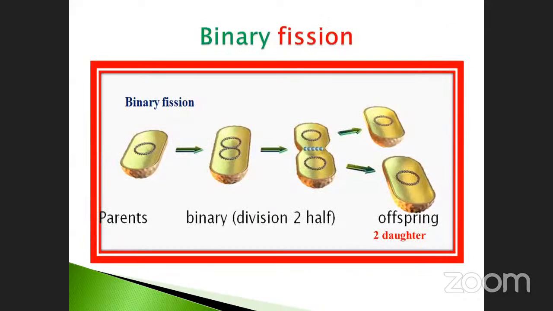See the diagram, binary fission. Already I told you the parent has a nucleus. First division takes place into two. That is two nuclei, and also it undergoes the process called, anybody else? The nucleus divides into two.